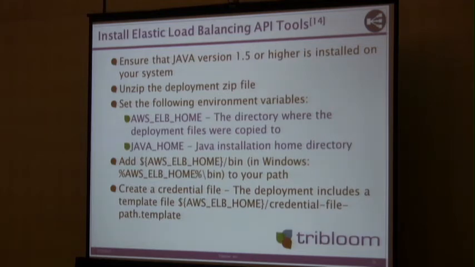We add the bin directory so that these commands are available in the command line. And then last but not least, you'll need to set your credential file. This is again so that you can get to your AWS account through your command line tools. There's a default credential file in there. There's actually multiple ways to set this up, but the credential file I thought was the easiest to do it.